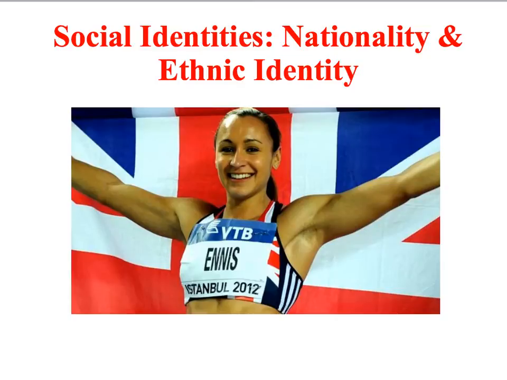Ethnicity, on the other hand, is a sense of belonging to a particular group or place. There might be many people who are legally British, for example, but actually feel themselves to be Welsh, Scottish, or English rather than British. So ethnic identities are not necessarily legal identities.